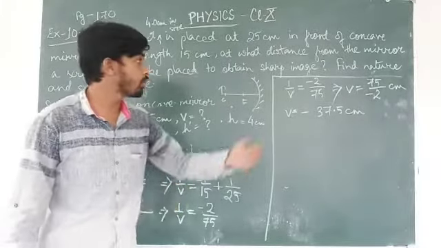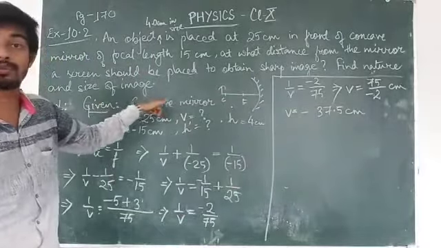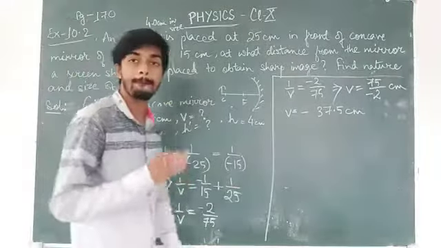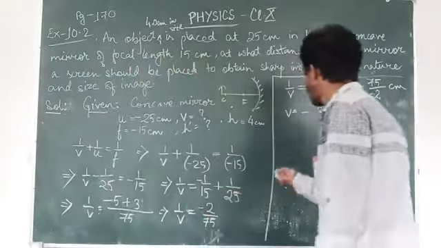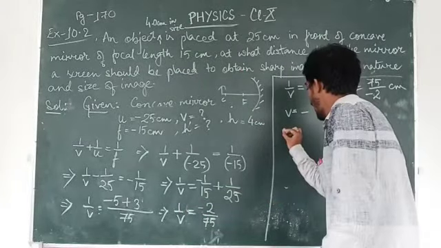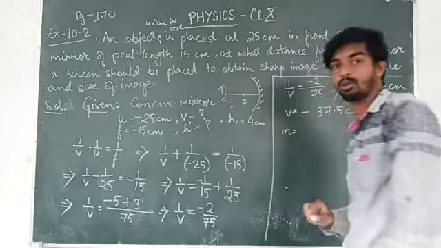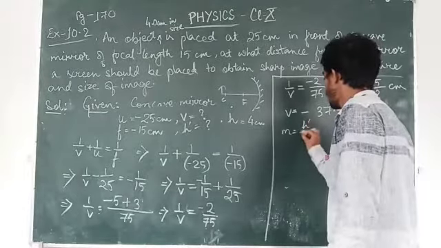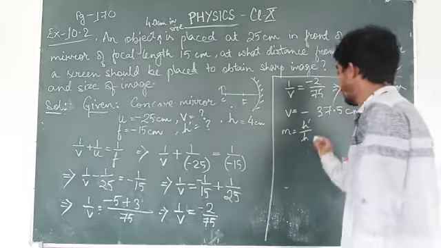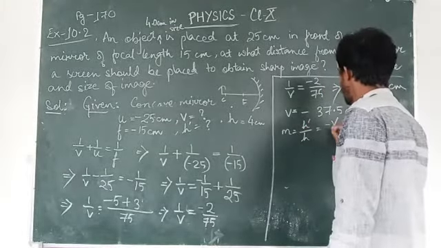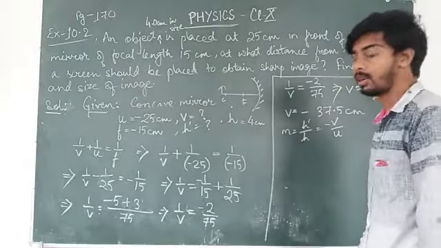Again, according to the question, we have to find the size of image. So we go to the magnification formula. I gave the magnification formula as m equal to h dash by h equal to minus v by u.